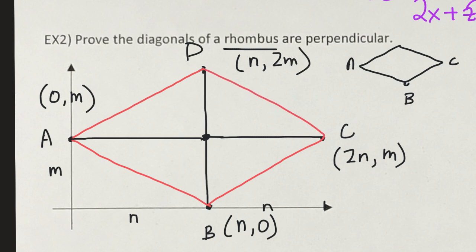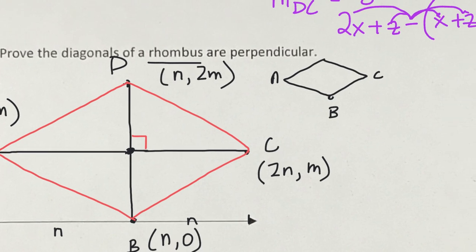We want to show that these lines are perpendicular. The diagonals are perpendicular. The point in the middle is not named; in our classroom, we call it point E, but for our proof, we don't need to have that point labeled.